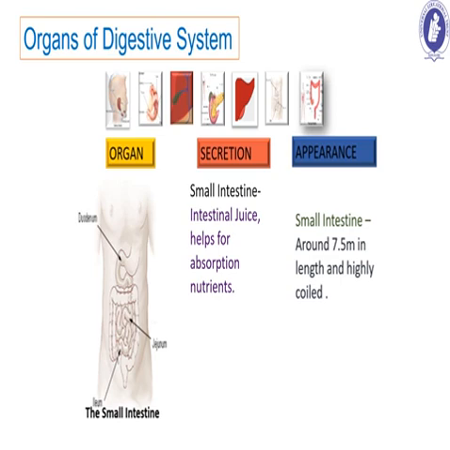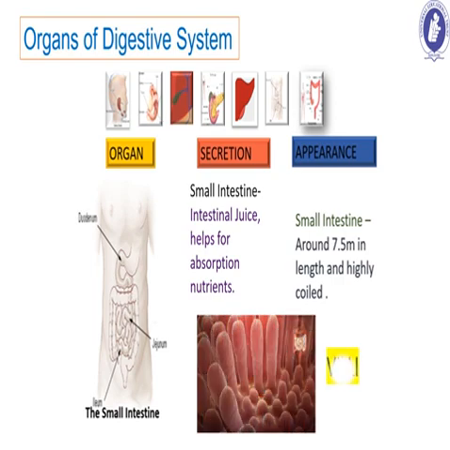It produces a juice called intestinal juice. Even though digestion happens in the small intestine, the main function of the small intestine is the absorption of nutrients. So with the help of intestinal juice, absorption of nutrients happens in the small intestine.